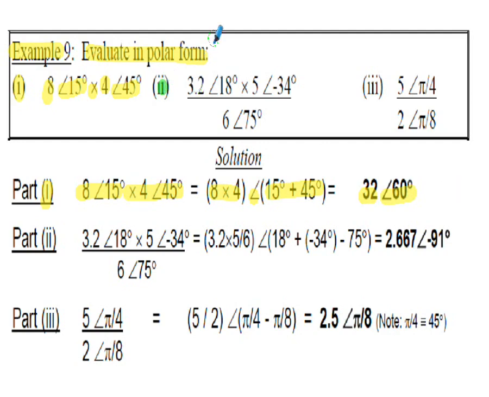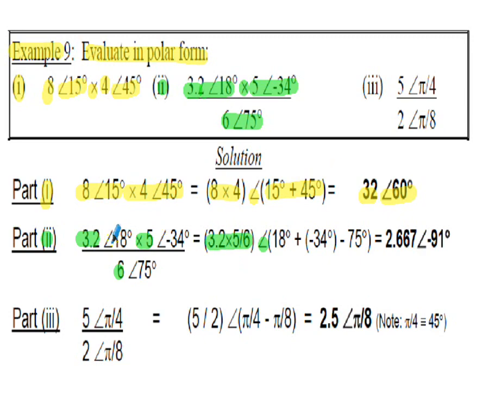Okay, part 2 of example 9, we're given 3.2 argument 18 degrees multiplied by 5 argument negative 34 degrees, and divided by 6 argument 75 degrees. So what we do here is first of all multiply the moduli on the top and divide by the modulus on the bottom. So we get 3.2 multiplied by 5 divided by 6 for the r.